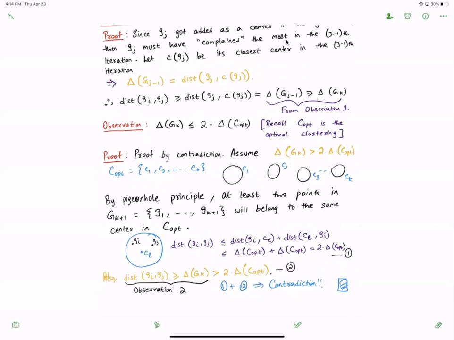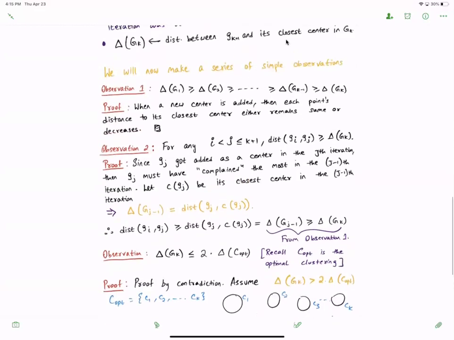One question one might have is whether the analysis is tight. I leave it as an exercise that you should think of an example and a set of bad choices to start with. If you don't start well, this can lead you close to a 2-approximation. You can't avoid the 2-approximation.